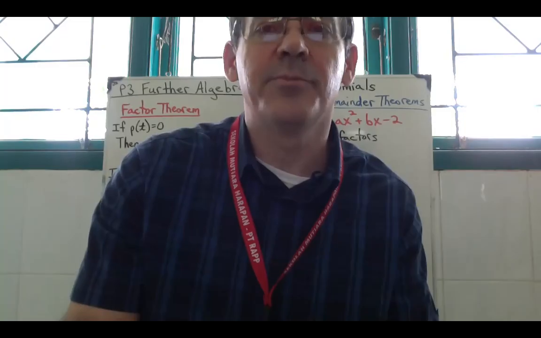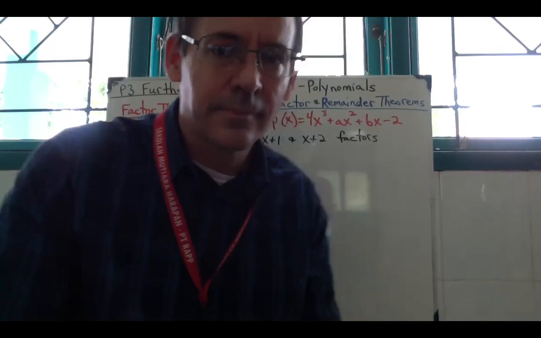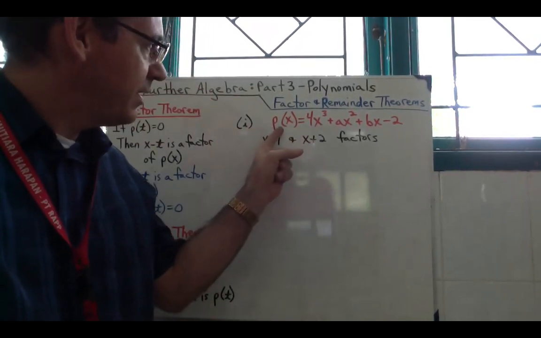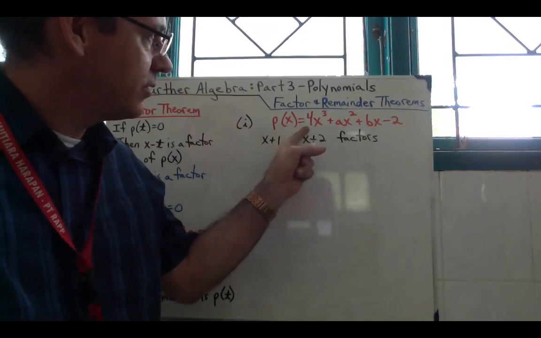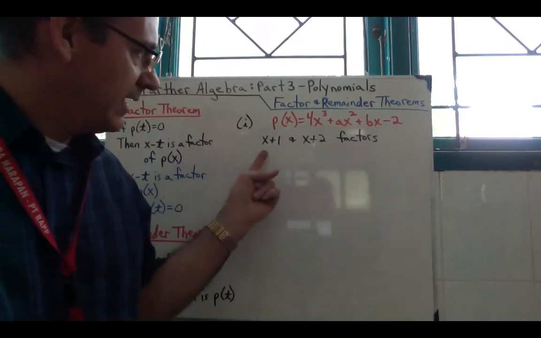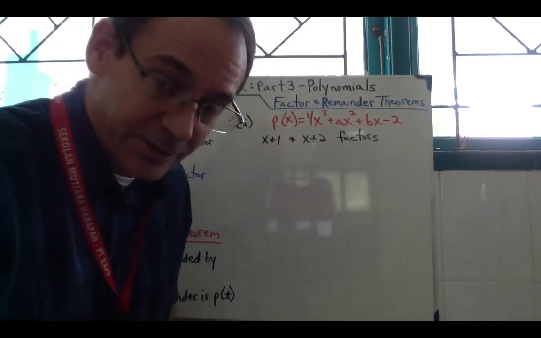So let's go back to our board here. Here on the board, we have our polynomial p of x equals 4x cubed plus ax squared plus bx minus 2. And it says x plus 1 and x plus 2 are factors.